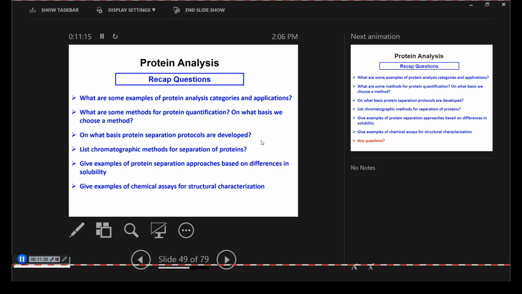If we add a reducing agent and see a change in the size of the subunits, we know that they were interacting via disulfide linkages, because the reducing agent reduced disulfide linkages. So we can look at the different subunits within a protein ingredient as well. It's used for many different reasons.